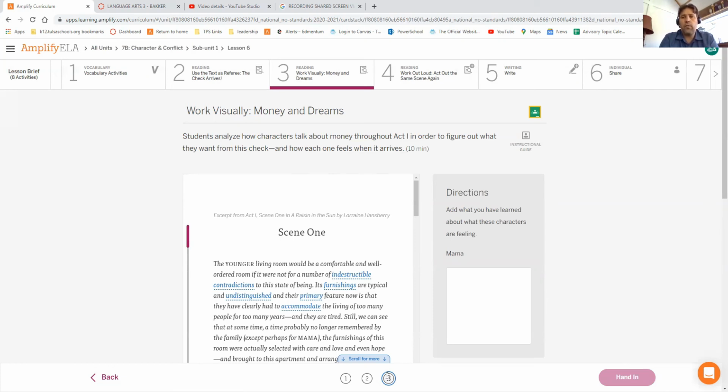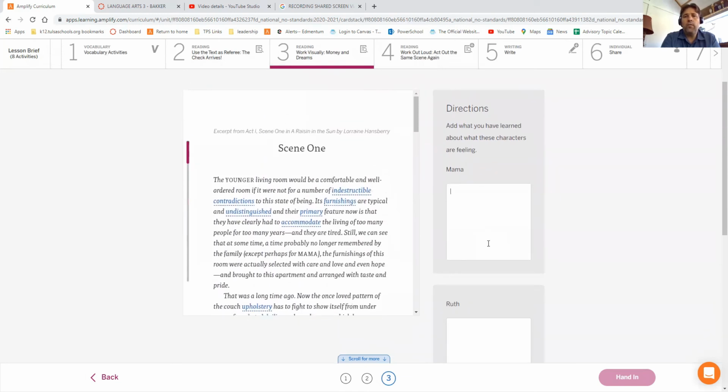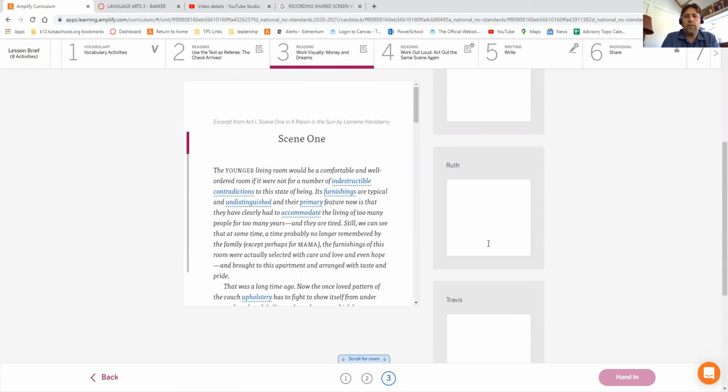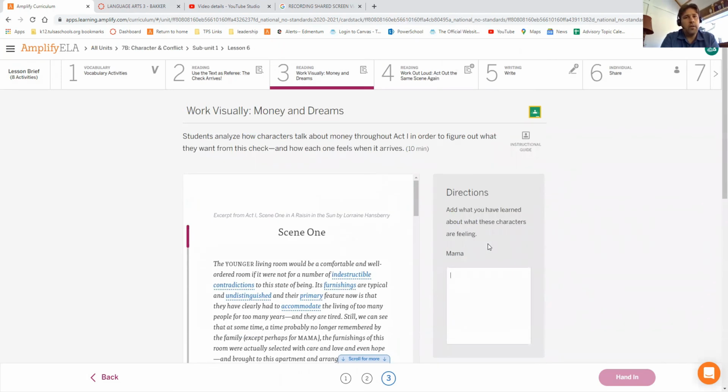If you can find evidence in the writing, you get a lot stronger argument than, well, I don't know, I think he likes this. That doesn't matter. So right here, you want to add, based upon some research in this text, what have you learned about how Mama feels, how Ruth feels, how Travis feels, how Walter feels, okay? I don't know why they didn't put Beneatha in here, but that's okay.